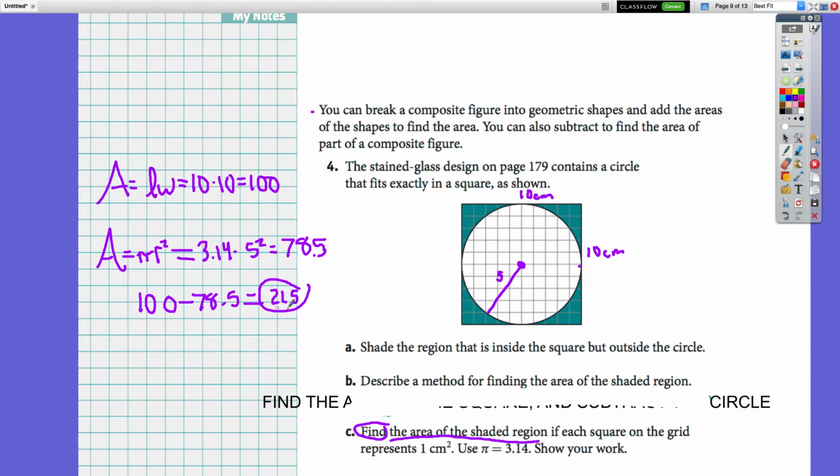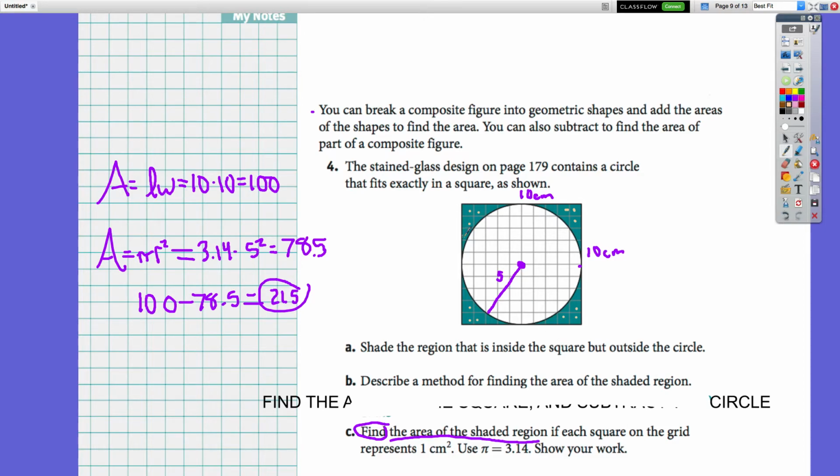Now, some of you are asking, well, can't I count this? You could try. So let's take a look. I have 1 whole, 2, 3, 4, 5, 6, 7, 8, 9, 10, 11, 12. Those are the only whole squares that we have.